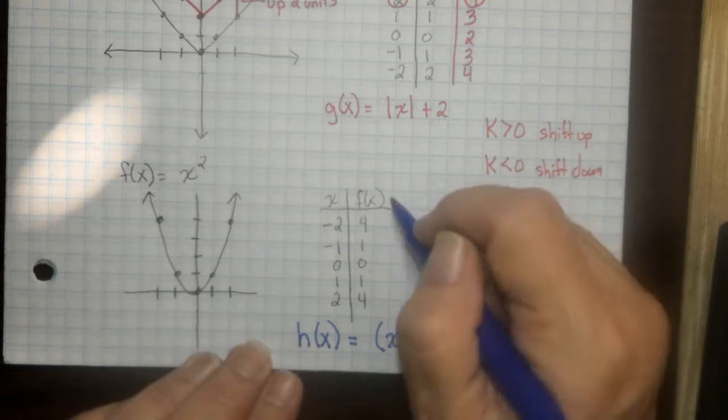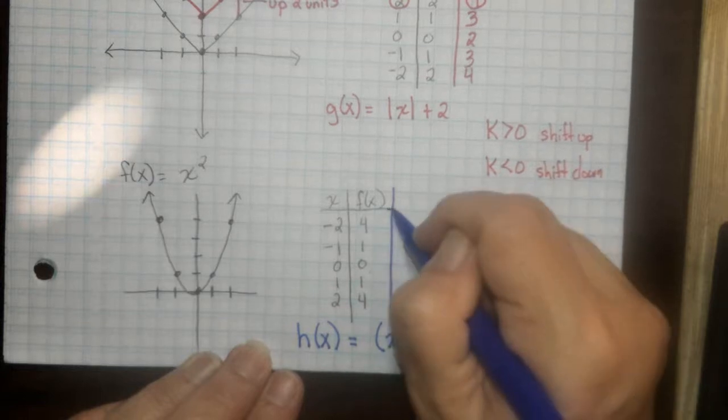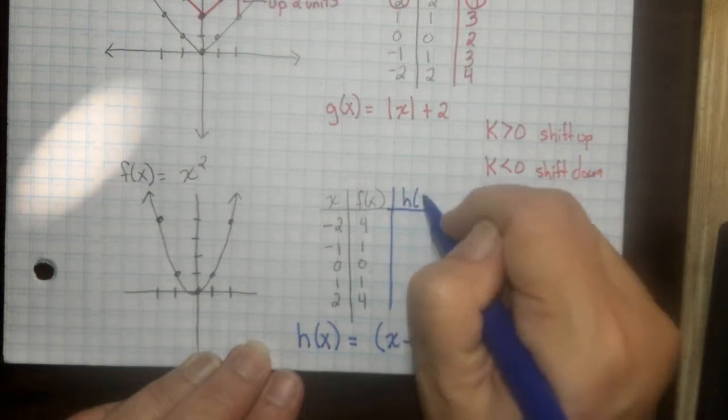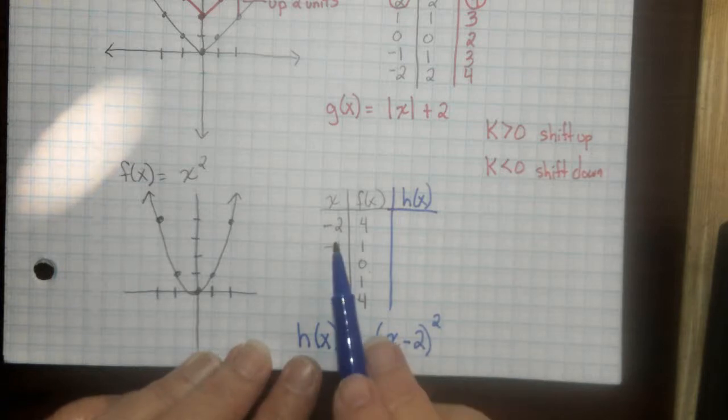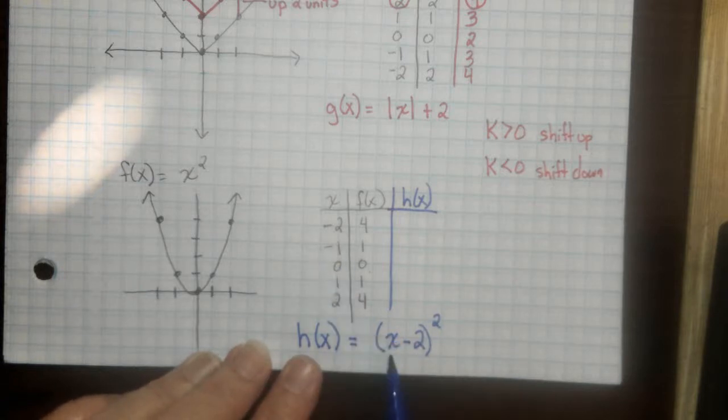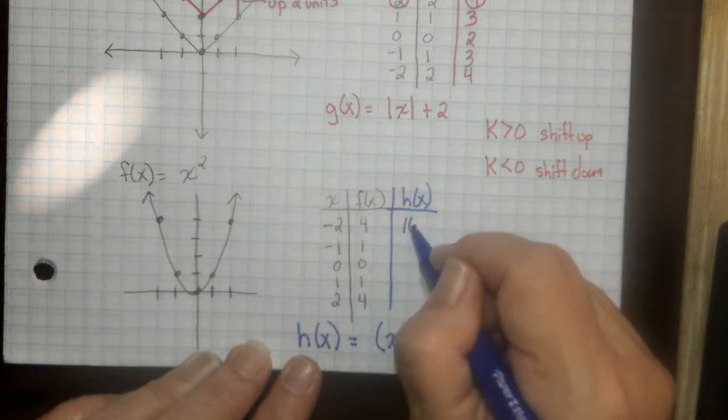So I'm going to make a column in my table for my h of x values. So when I plug in negative 2, negative 2 minus 2 is negative 4, and negative 4 squared comes out to be 16.